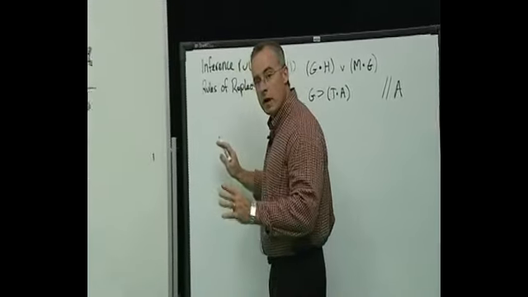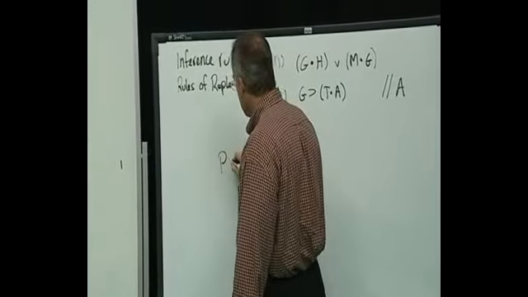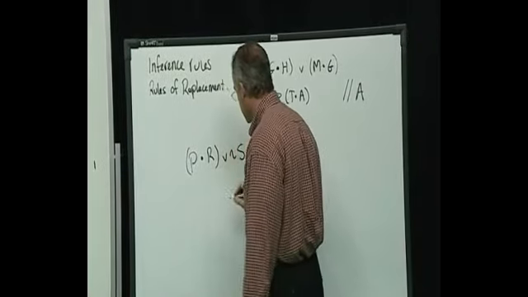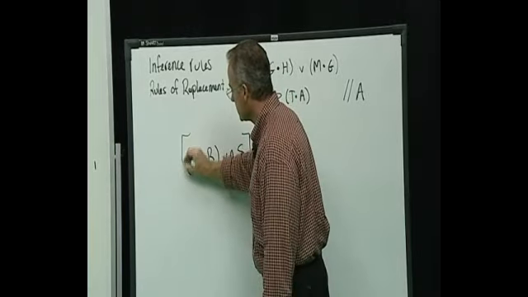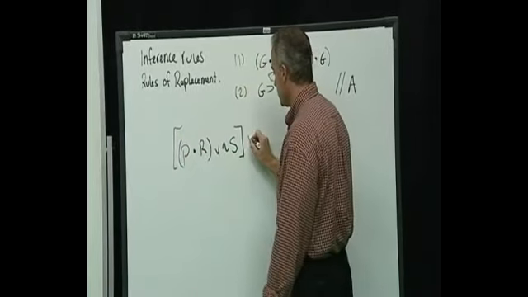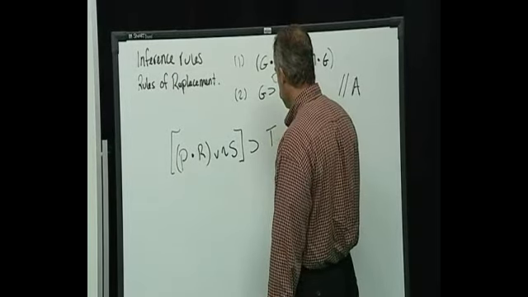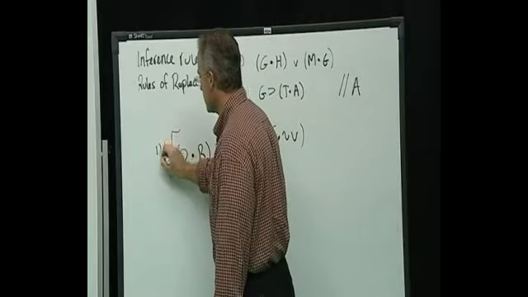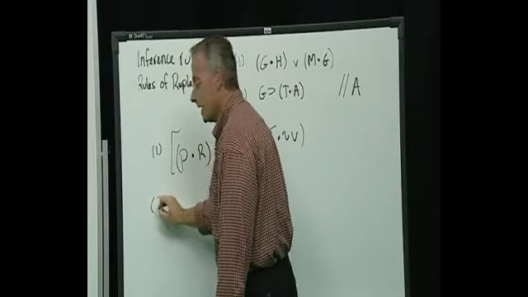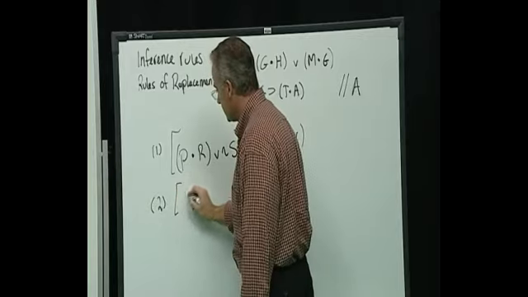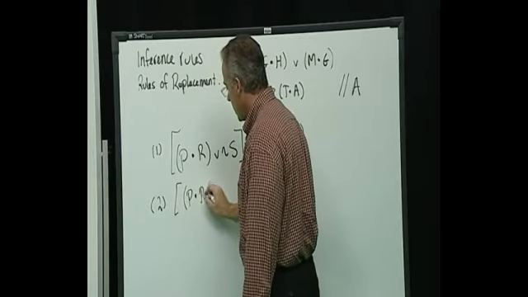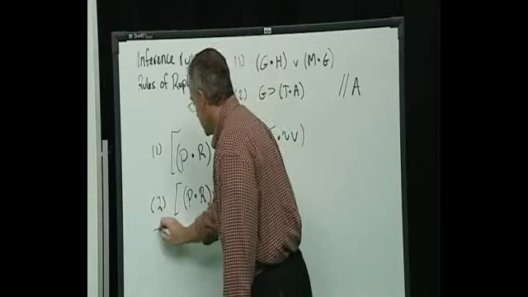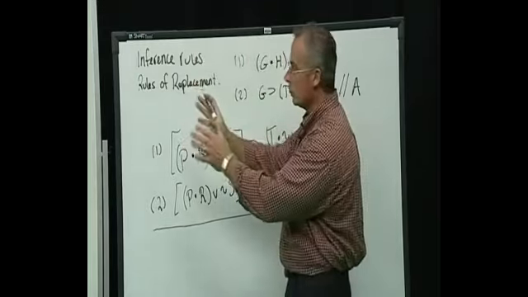If we had something of the following form, P and R or not S, and we put that in brackets, so make sure that we see it as one piece, then T and not V. Okay, let's suppose this is a premise, premise 1. And our second premise is P and R, or not S. Then the idea behind the rule of inference is this.